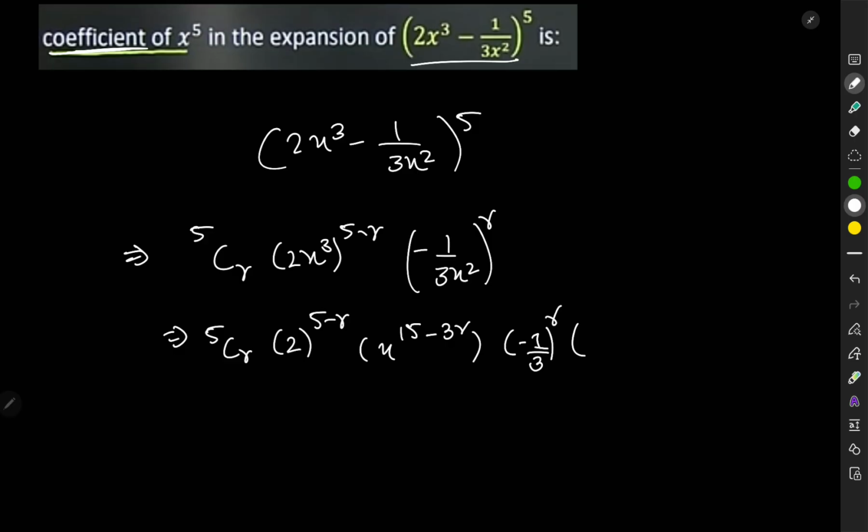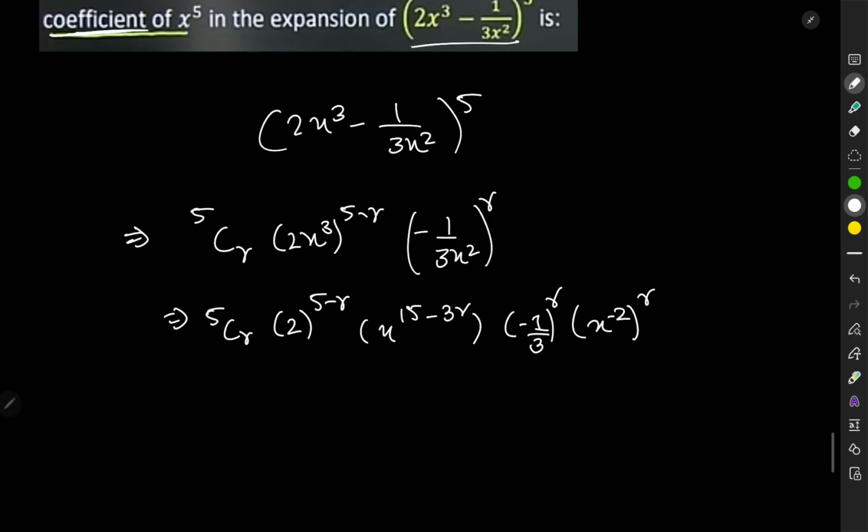And I can also write 1 by x square as x to the power minus 2, to the power r, so x^(−2r). So I can combine these, and I'll get x^(15−3r−2r), which is x^(15−5r). Okay, this will be the variable part.